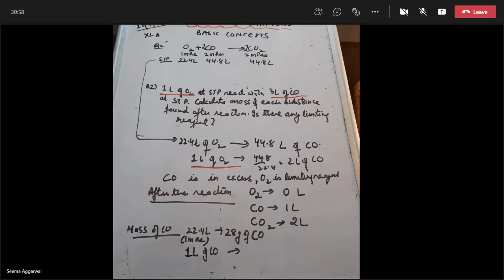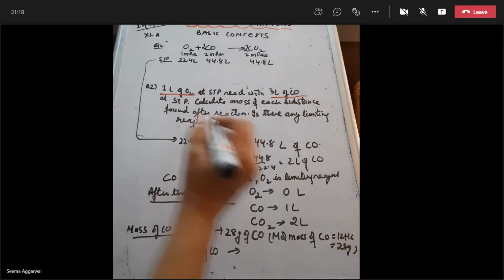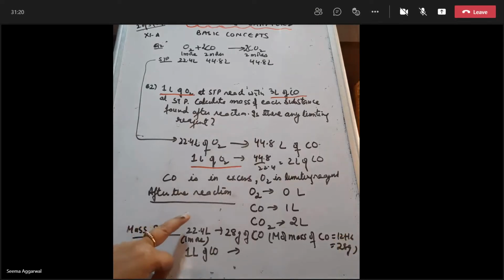So if I take 22.4 liters of carbon monoxide, its 1 mole is equal to the molecular mass. What is the molecular mass of carbon monoxide? 12 plus 16, which is equal to 28 grams. It means 1 mole, which has a volume of 22.4 liters, has a mass of 28 grams.